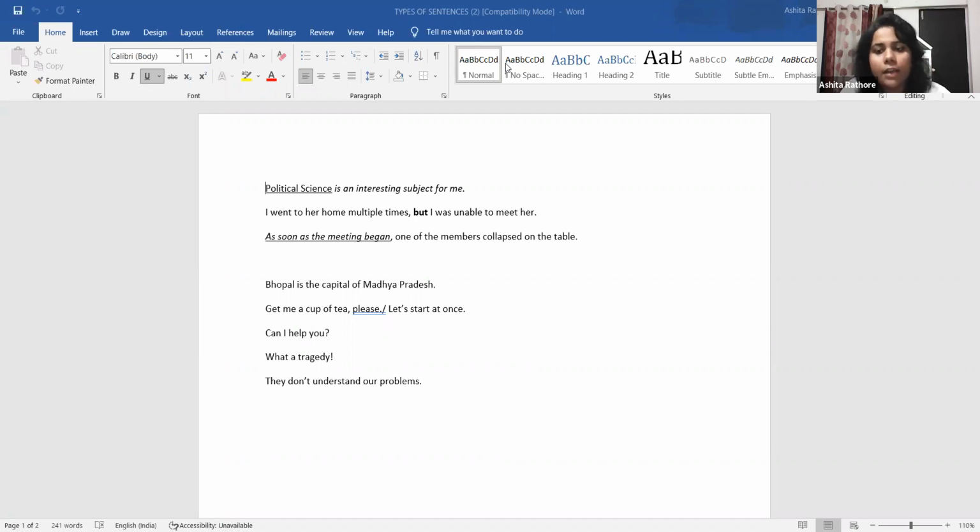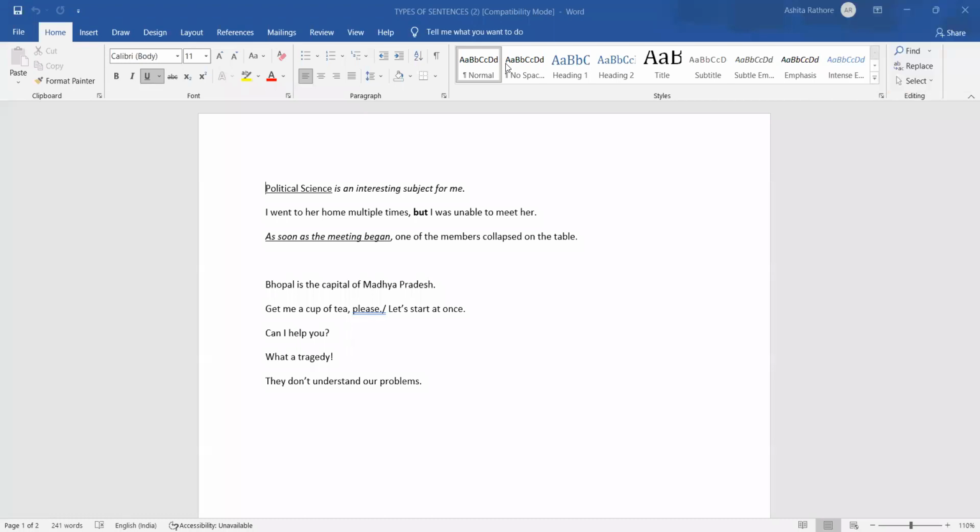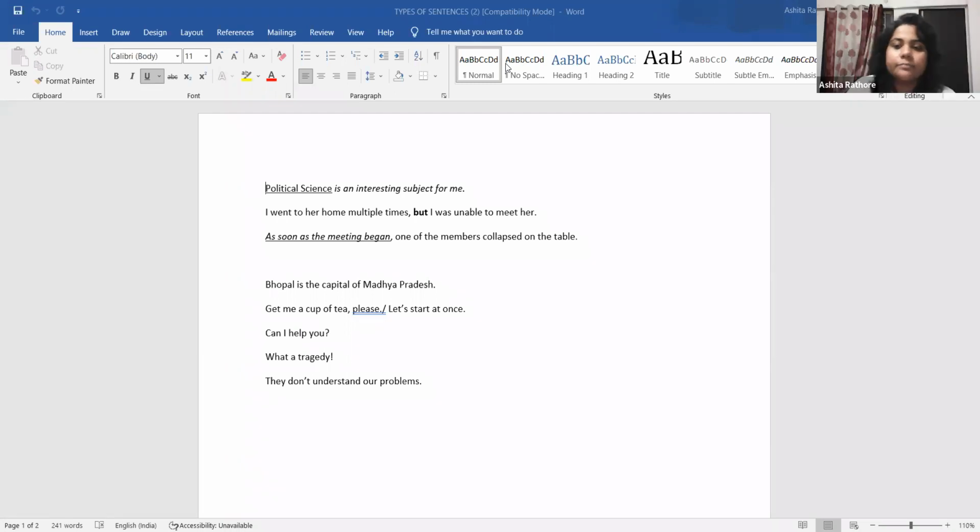Now, if you look very closely at it, can I say that there are two main clauses in this sentence? क्या इस सेंटेंस में दो इंडिपेंडेंट क्लॉजेस साथ में आ रहे हैं? Yes, ma'am. That's a very faint yes. Others, what are independent clauses?